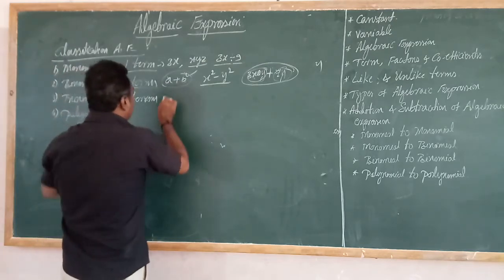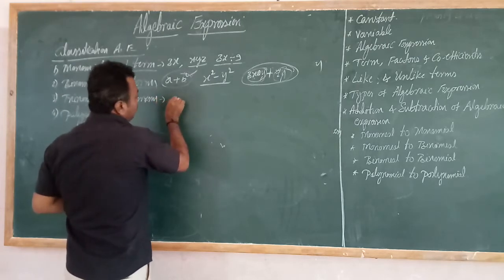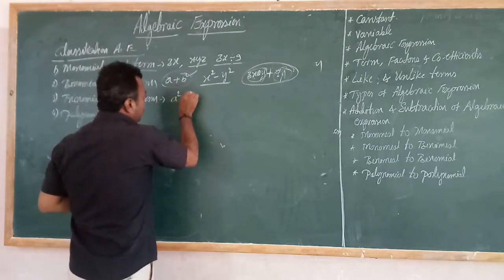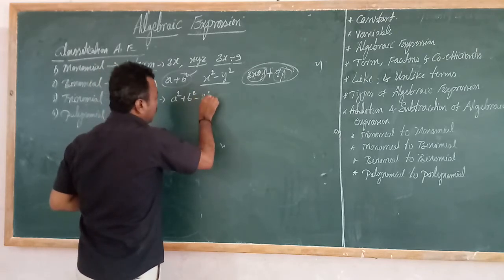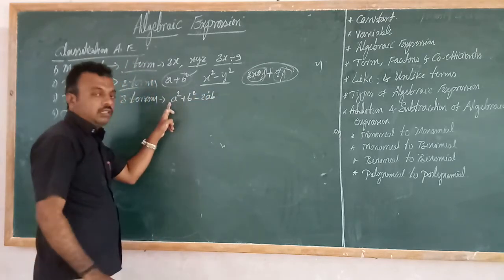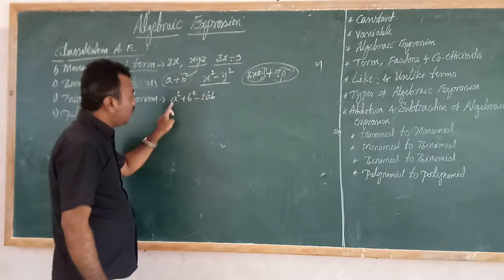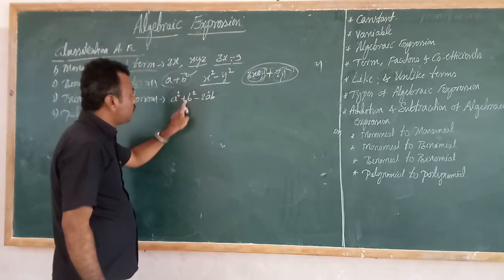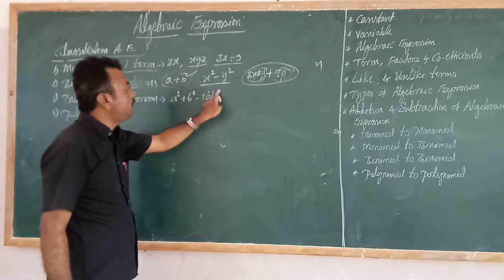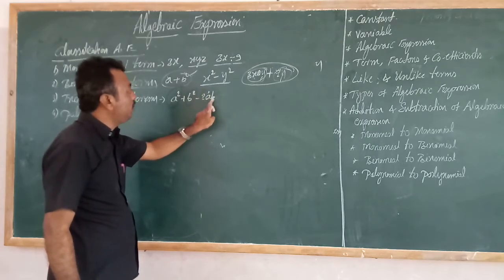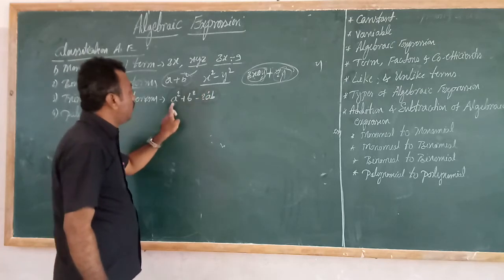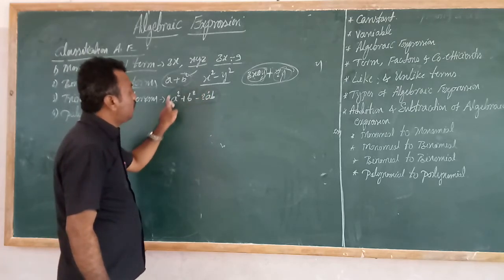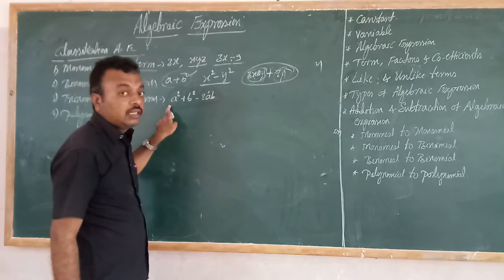For example, a square plus b square minus 2ab. This is a trinomial. See, a square is one term, b square is one term, and 2ab is one term. In 2ab, which sign is there? Into sign. That's why it is only one term. So 1, 2, 3, there are three terms. That's why it is called a trinomial.